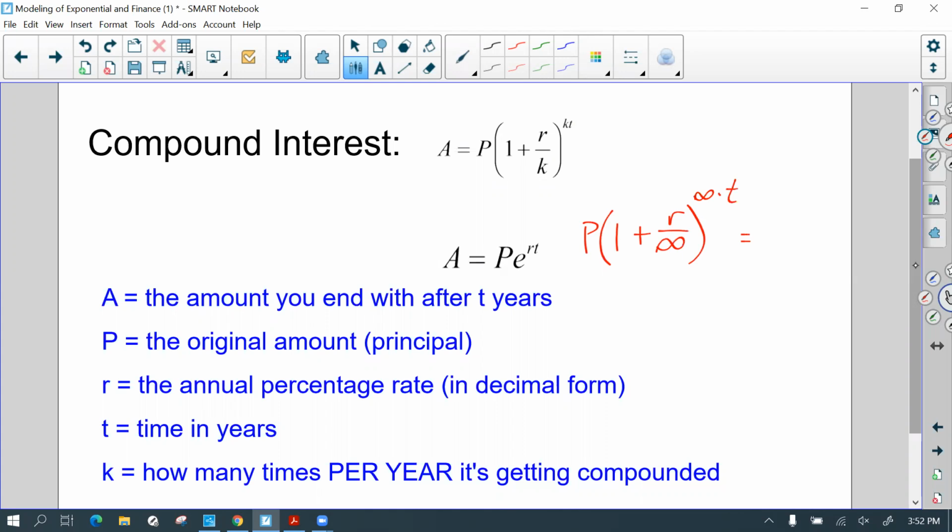Like, let's say every second of every year, so many times a year, that approaches this equation where E is the irrational number E, 2.71, and it goes on and on, raised to the annual rate times time. So that is how you should think of what students call APERT, when it's just like this function, except you're getting compounded continuously.